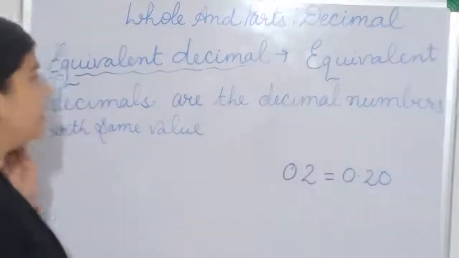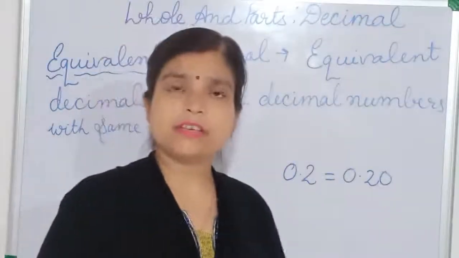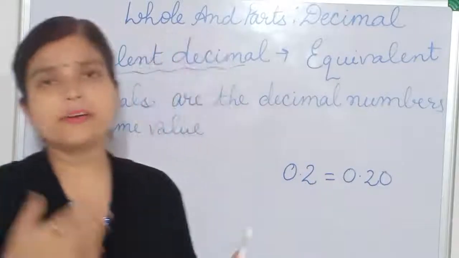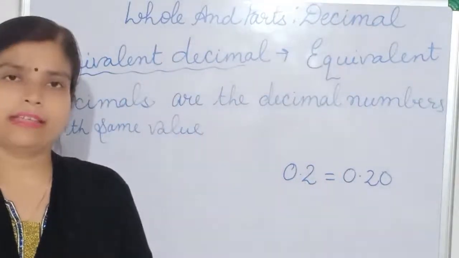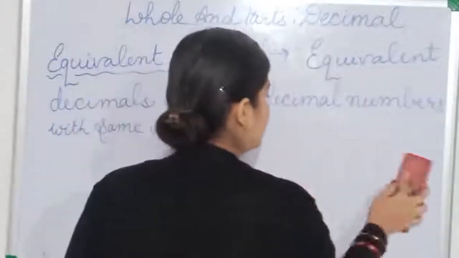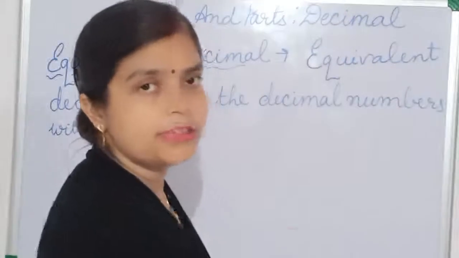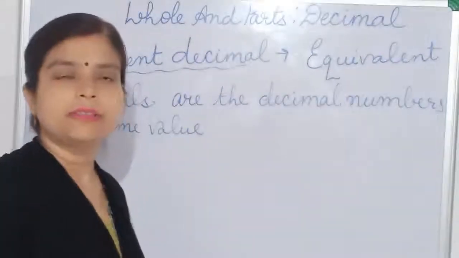So we can find the equivalent decimal either by putting an extra 0 on the right hand side, or by removing the 0 from the right hand side. So we can find the equivalent decimal either by adding 0 or by removing 0 on the right hand side of the decimal number.